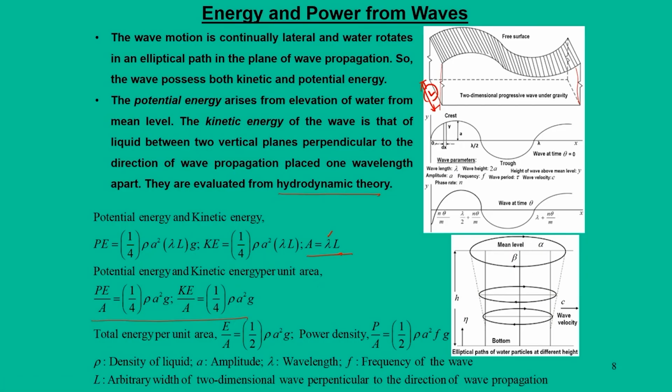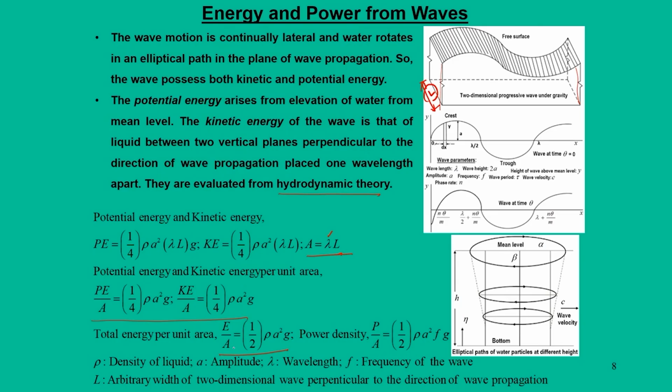Kinetic energy per unit area is 1 by 4 rho a square into g, and potential energy is also 1 by 4 rho a square into g. By adding these two terms we get the total energy per unit area, half rho a square into g. Here g is of course the acceleration due to gravity.